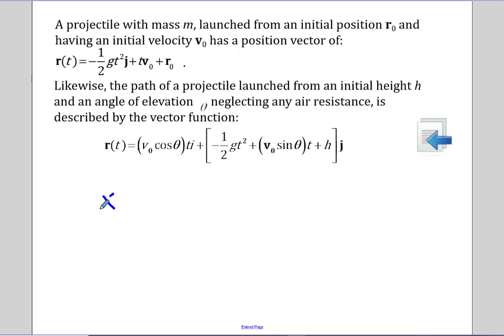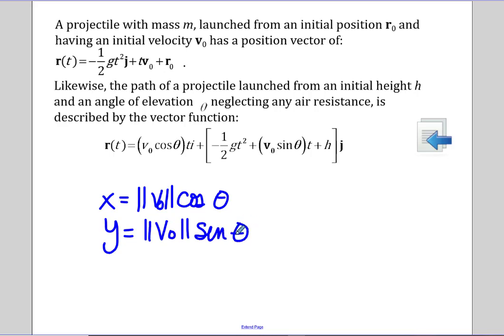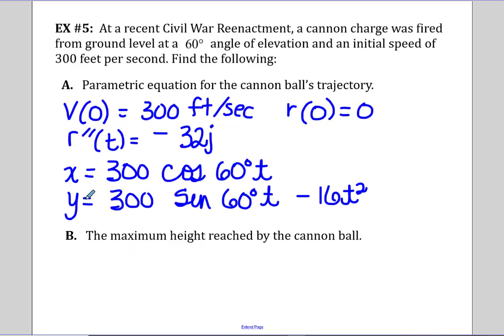So we got x is v sub naught cosine of theta, and y is v sub naught sine of theta. So using all of that put together, our height was starting on the ground. We had 300 cosine 60 in the horizontal, and we had negative 32, so half of 32 is negative 16t squared, 300 sine of 60, and the height started at 0. So putting all that together gave us our parametric equations.